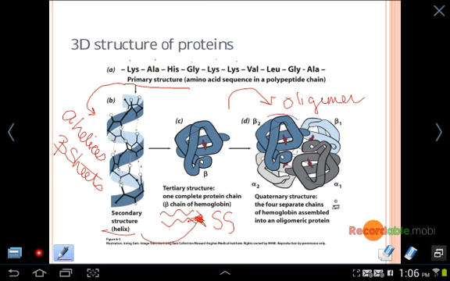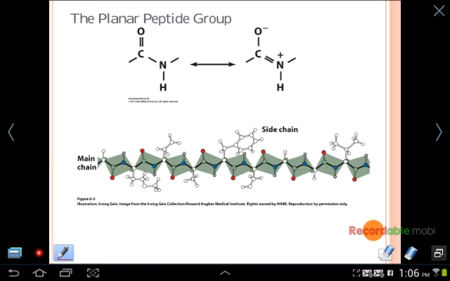Each of these subunits are separate proteins folded into their tertiary structure, coming together at interfaces to form a quaternary or oligomeric structure.